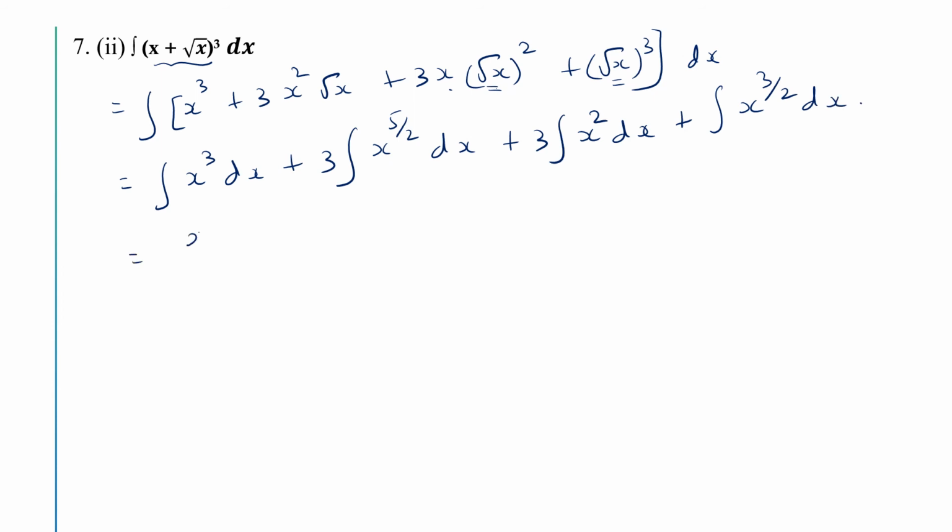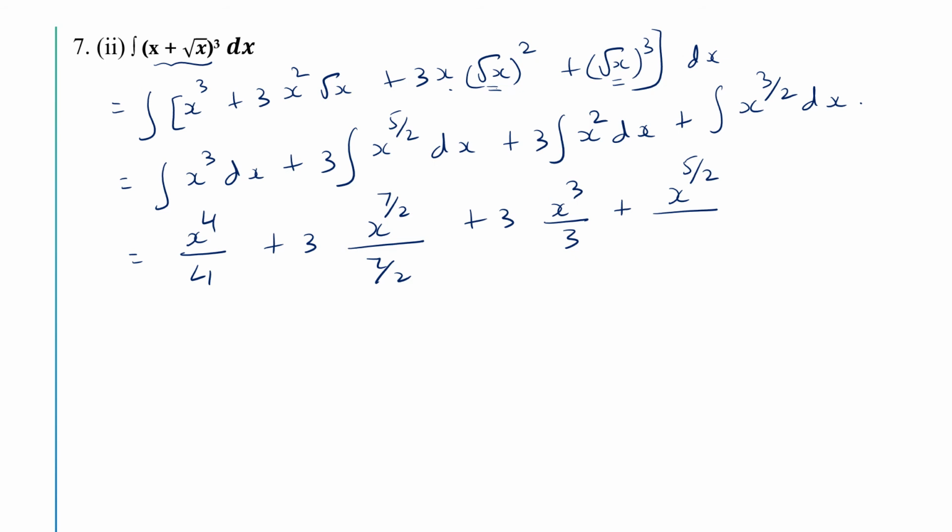Now integral x cube dx is x raised to 4 by 4, then plus 3 into x raised to 5 by 2 dx is x raised to 5 by 2 plus 1. So it is 7 by 2 divided by 7 by 2, then plus 3 into integral x square dx is x cube by 3, then plus integral x raised to 3 by 2 dx is x raised to 3 by 2 plus 1, 5 by 2 divided by 5 by 2 plus c.